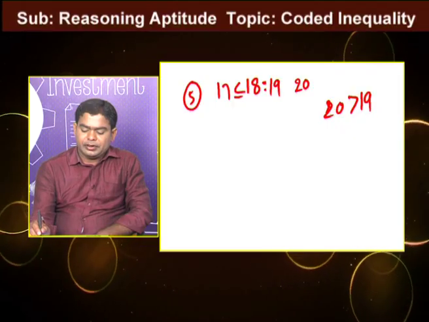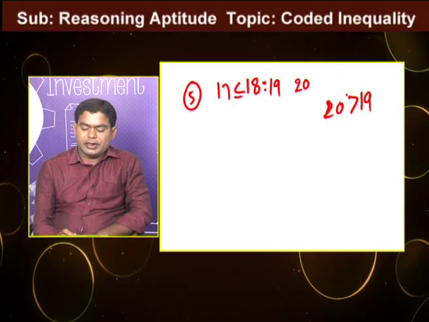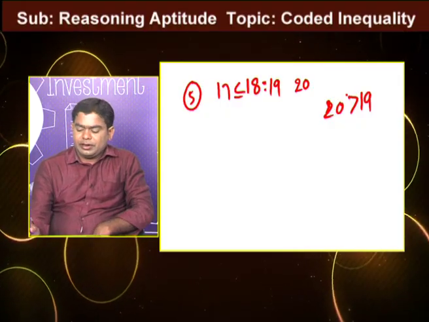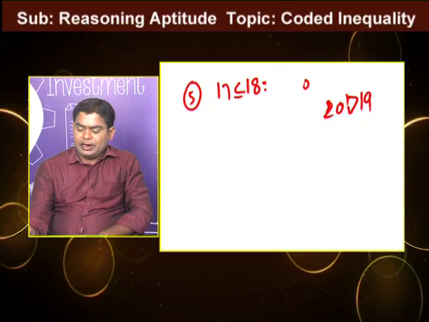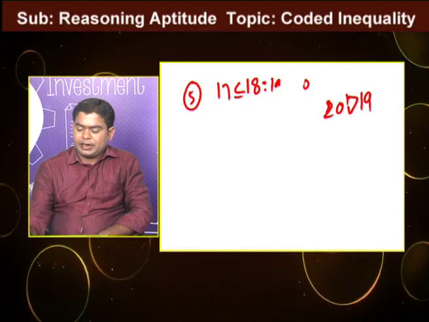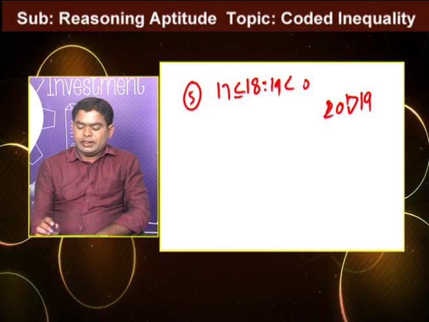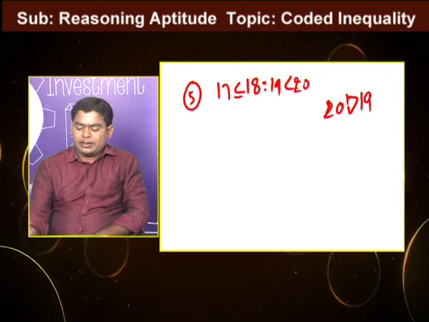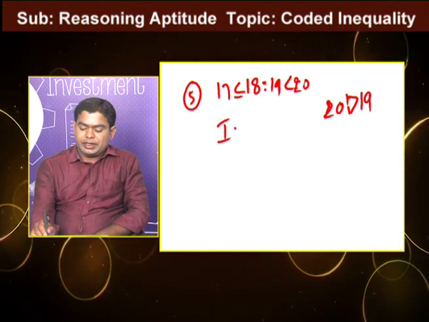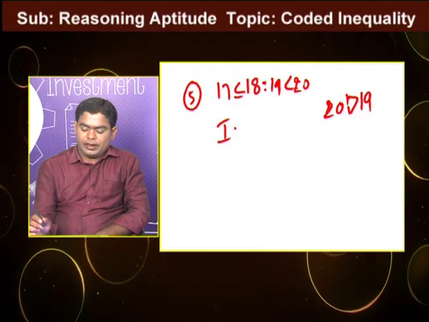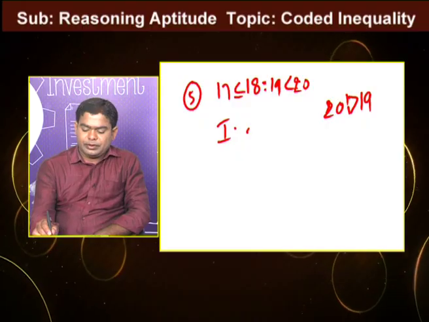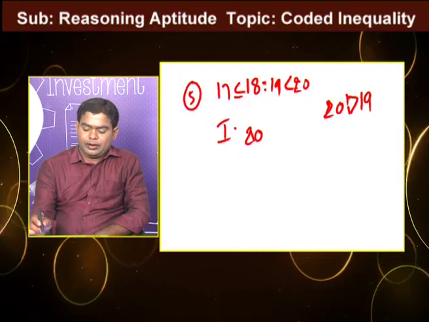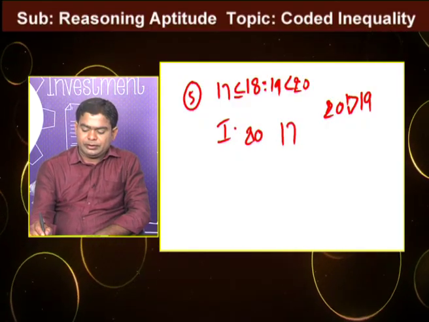According to our statement, 20 dollar 19 is there. 20 dollar 19 means 20 greater than 19. But here 19 is related with 20, and the arrows are on the 20 side. That means we take the less than symbol. So this is the combined statement.